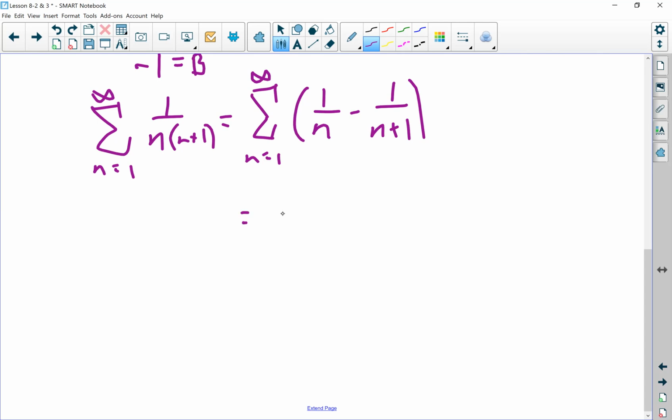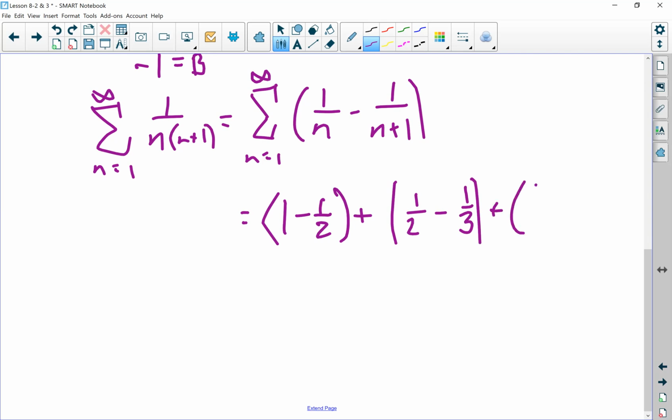When I plug in 1, I get 1 minus 1/2. When I plug in 2, I get 1/2 minus 1/3. When I plug in 3, I get 1/3 minus 1/4. And hopefully what you see is the minus 1/2 and the plus 1/2 cancel.